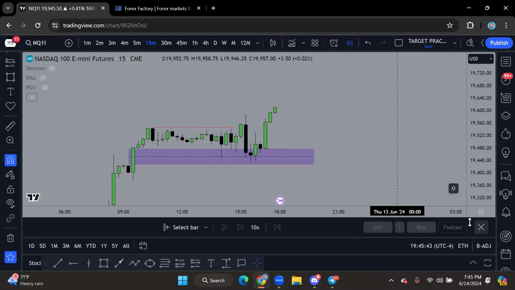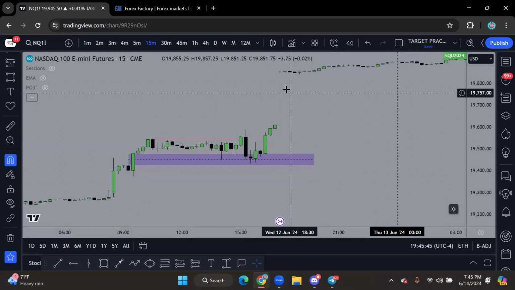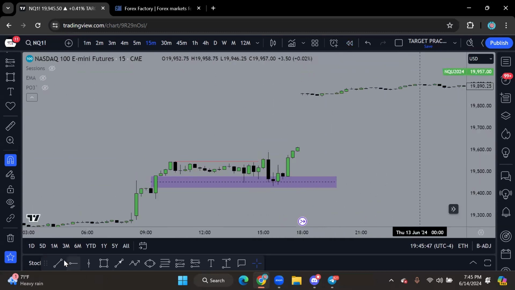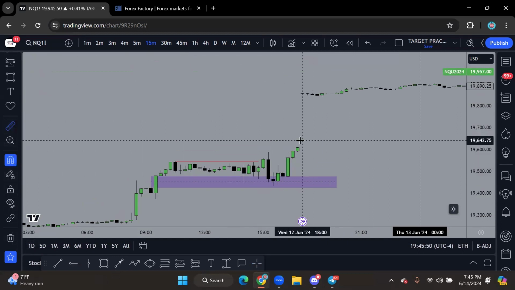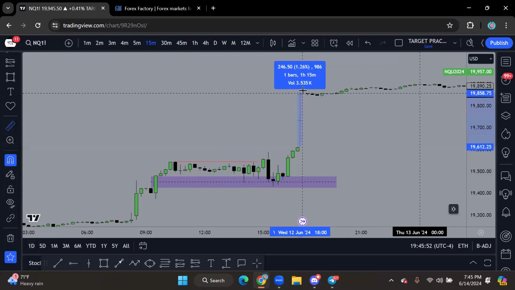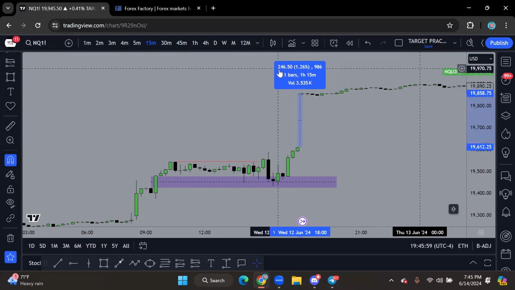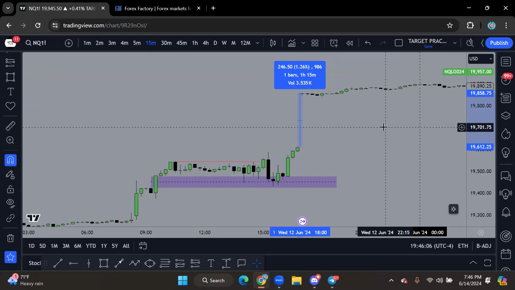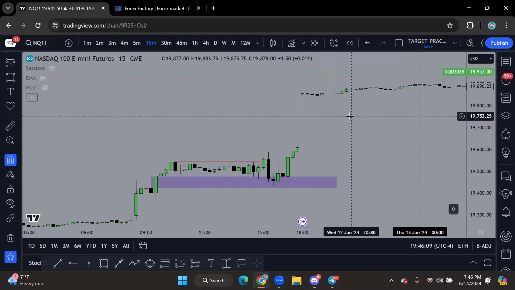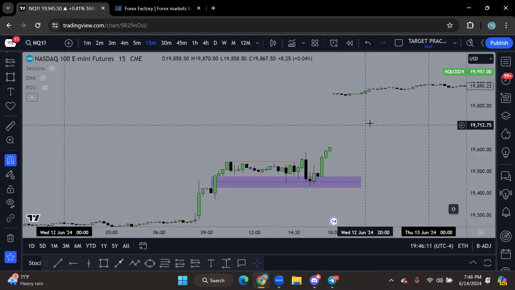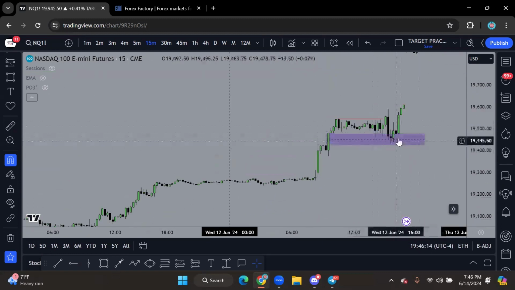Now take a look at that open. Look at that gap. If we're looking at this from a futures perspective, price opened up about 986 ticks. If you're looking at this from a Forex perspective, price opened up with a gap of 246 points. It's a really big gap. Now, if you were holding this for the buy, you'd be up great money, even if you bought during the FOMC release.